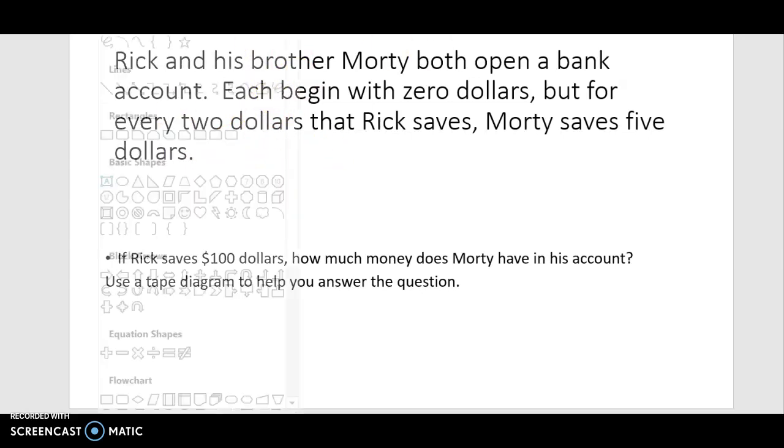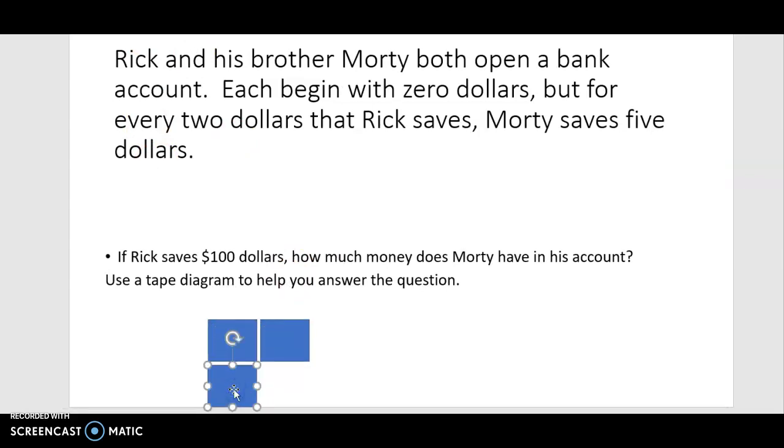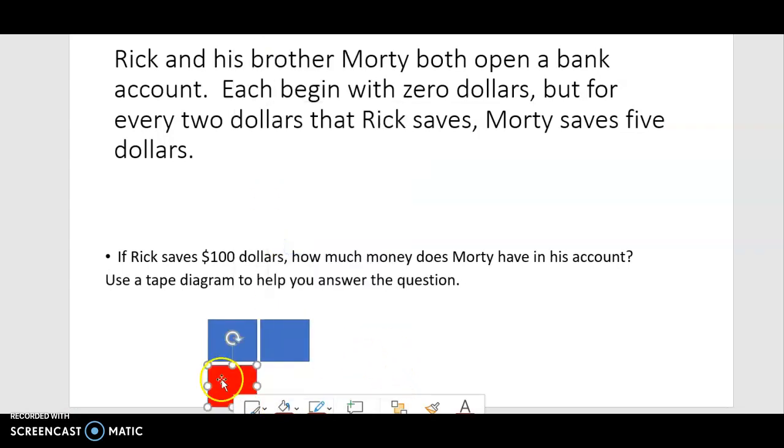Well, that means that I need to have 2 squares for Rick, right? That represents Rick. And then Morty would be, let's make Morty a different color. So he's going to be red, I guess.